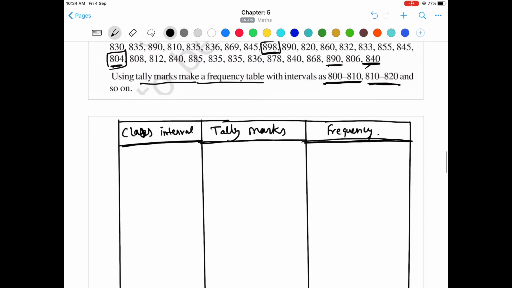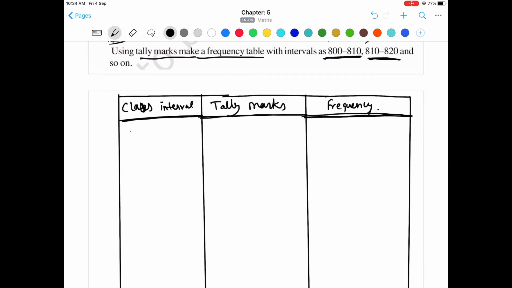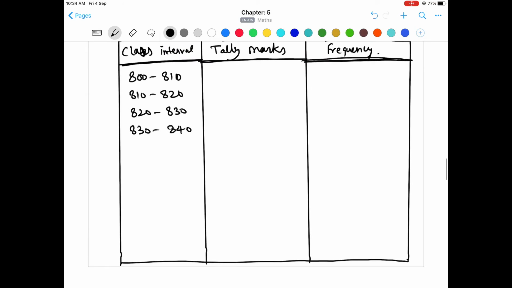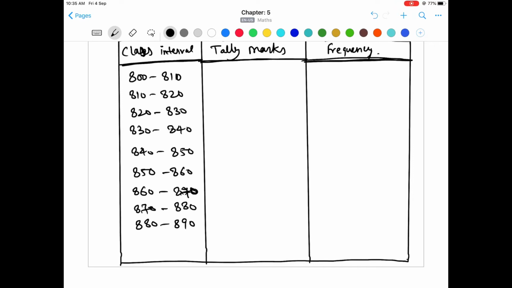Okay, as we are told that we have to take the class interval starting from 800 to 810. So the first one will be 800 to 810, then 810 to 820, and so on for 820 to 830, 830 to 840, 840 to 850, 850 to 860, 860 to 870, 870 to 880, 880 to 890, and 890 to 900.